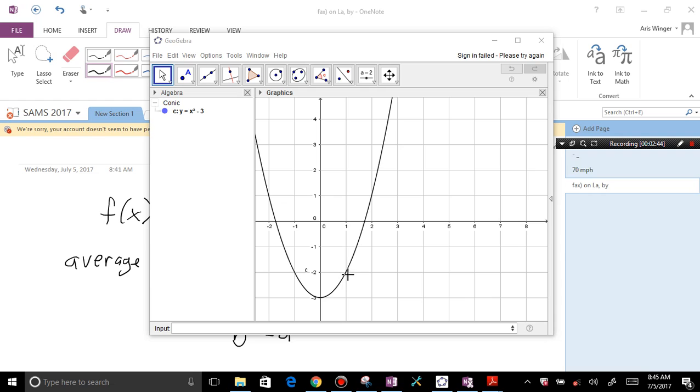How fast am I moving up here? So what we're going to do is approximate the slope here by taking slopes surrounding this point. And I'll explain that differently in just a second.